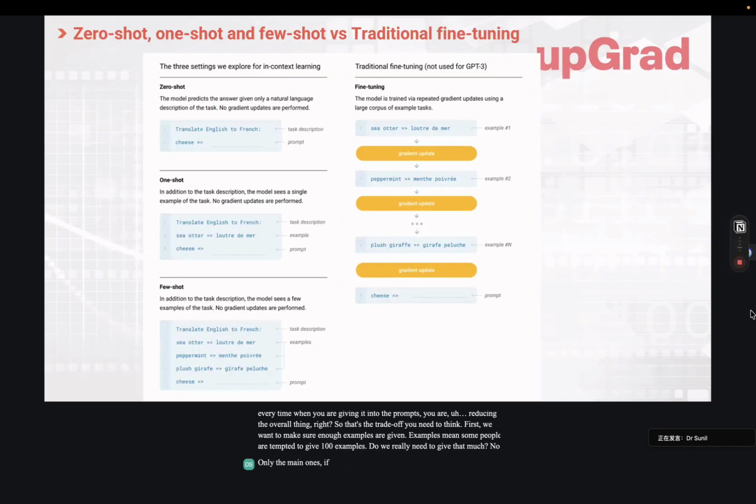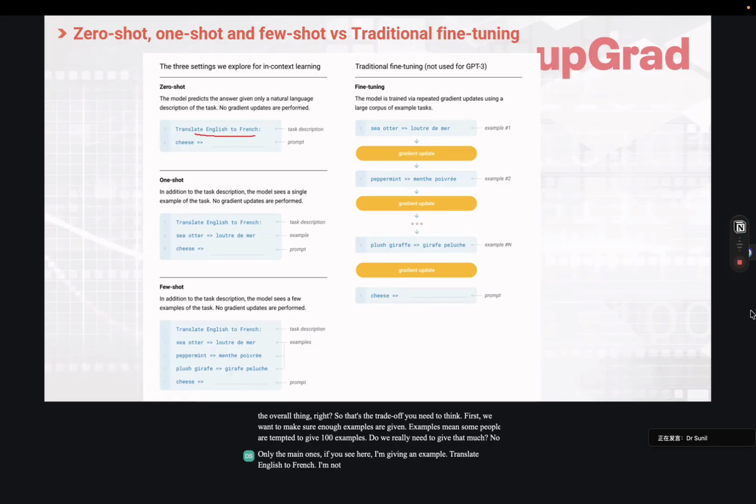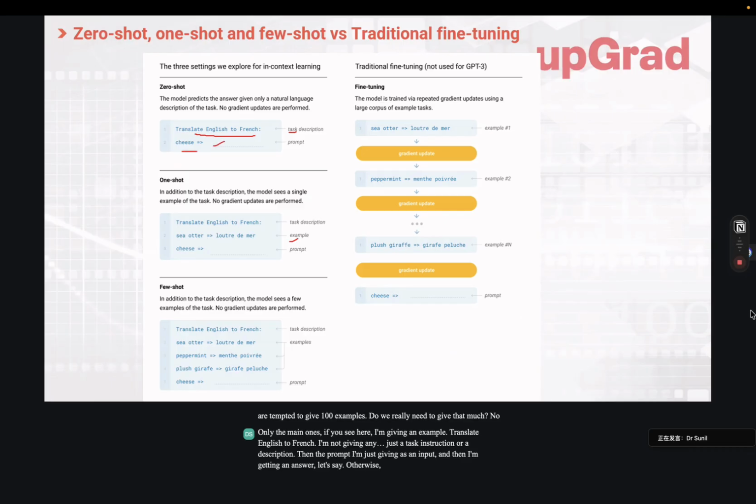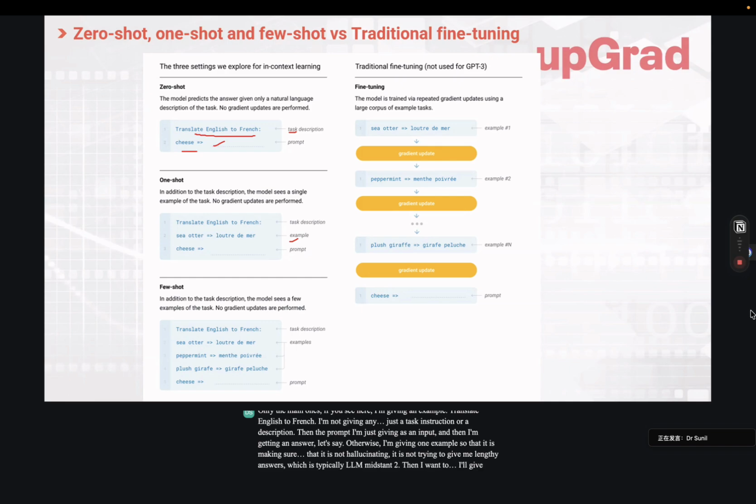If you see here, I'm giving an example. Translate English to French. I'm not giving anything, just a task instruction or description. Then the prompt I'm giving as an input, and I'm getting an answer. Otherwise, I'm giving one example to make sure it is not hallucinating and not giving me lengthy answers, which LLMs tend to do. Then in few shot, not hundreds of examples, but maybe two, three different examples.